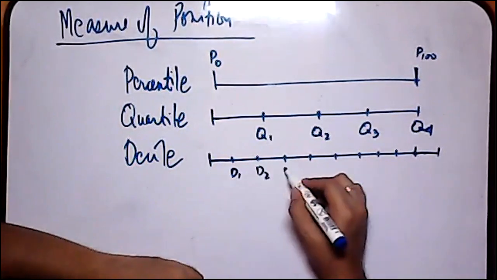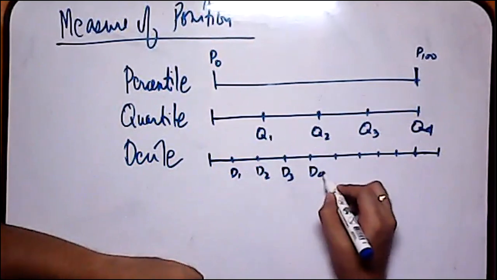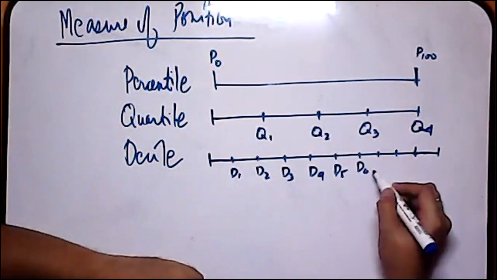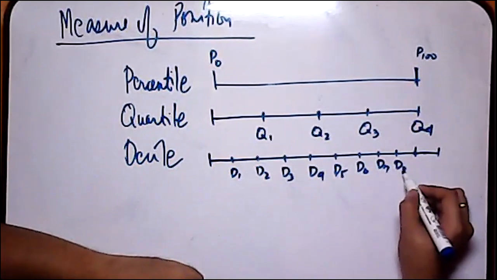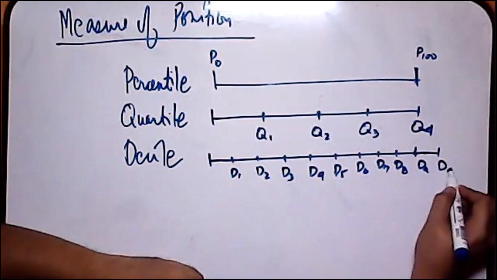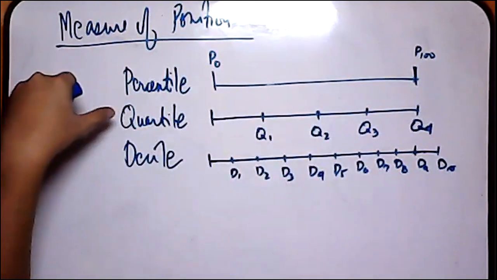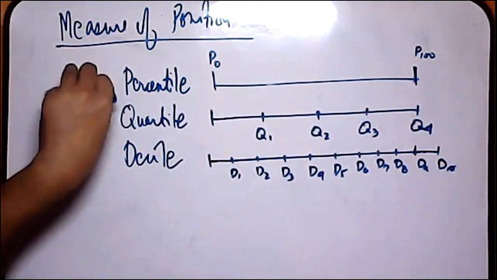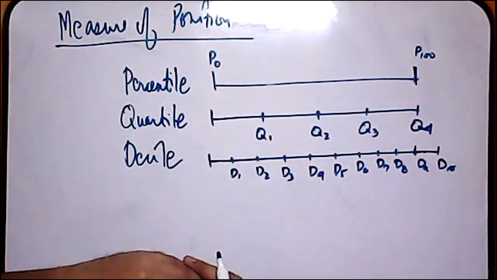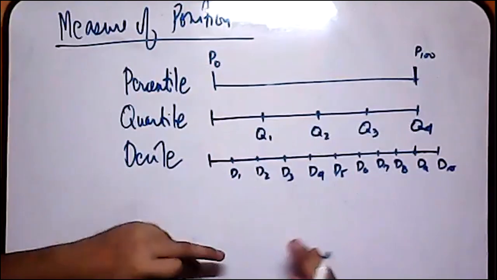D1, D2, D3, D4, D5, D6, D7, D8, D9, and D10. So basically, when we talk about the measures of position, we're looking at the position of a certain value. Nasaan siya with respect to the other values.